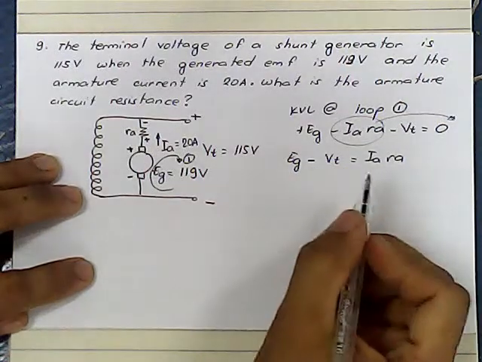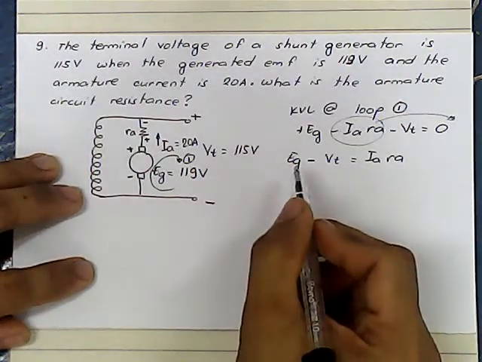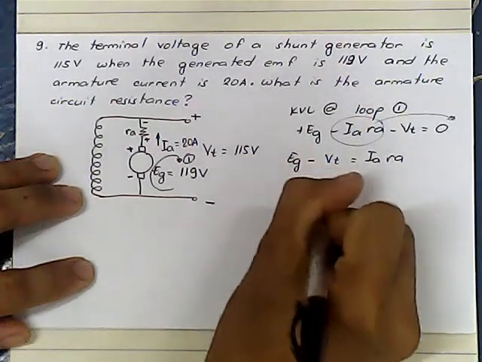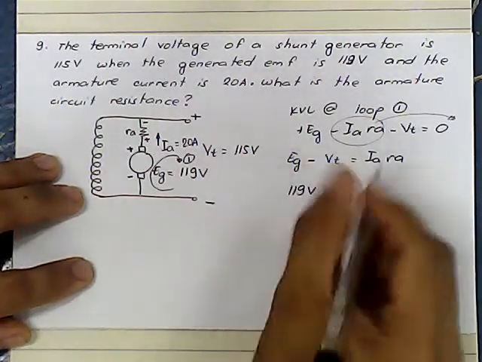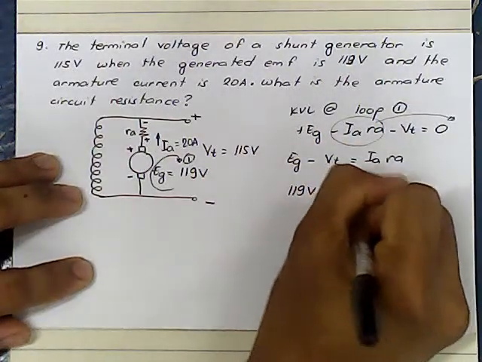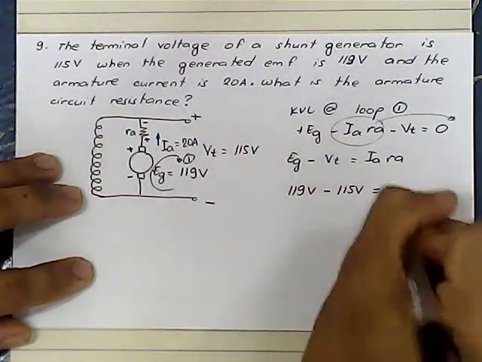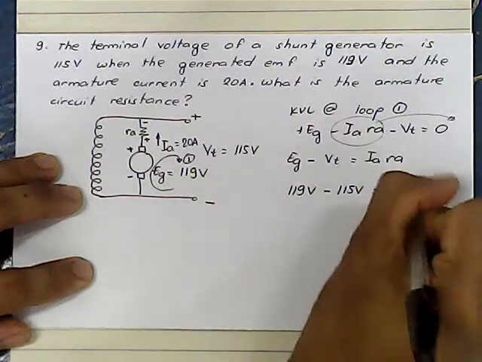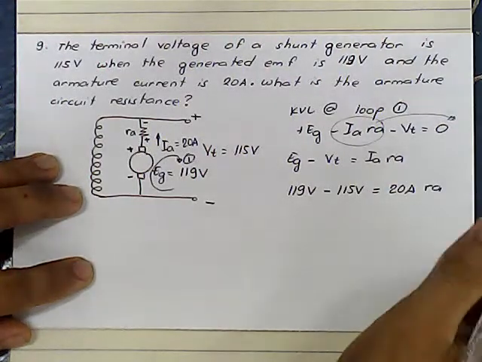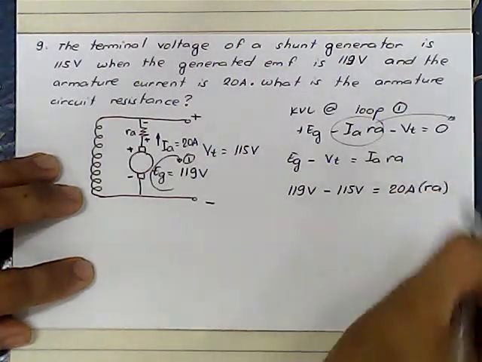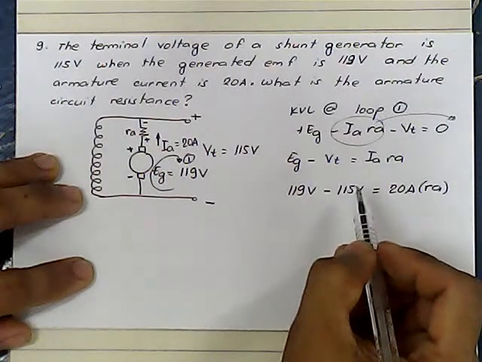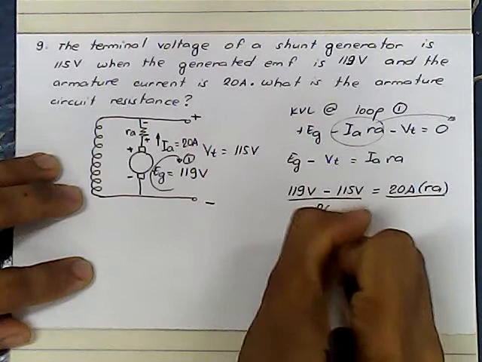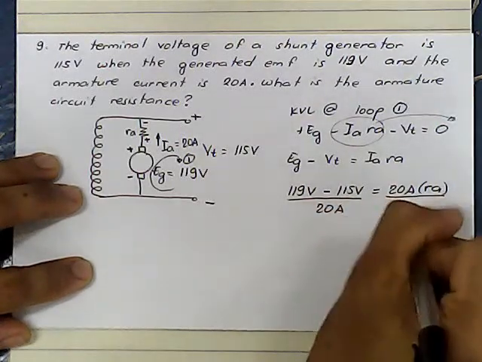Ngayon, EG is equal to 119 volts minus a terminal voltage which is 115 volts is equal to, yung IA po natin, it's given as 20 amperes. Then, multiply that by RA. Ngayon, pwede nating i-divide both sides by 20 amperes.